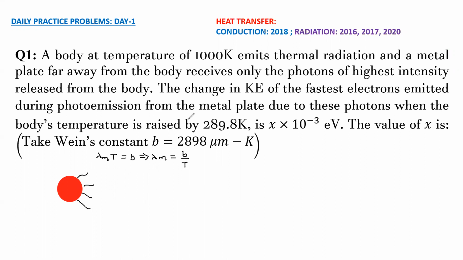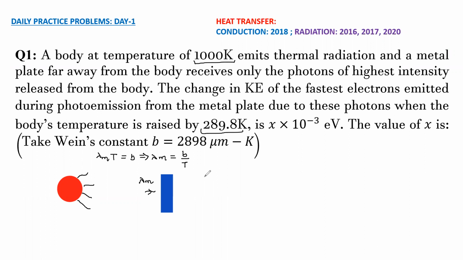Now we have 2 cases. First, at 1000 Kelvin, the high intensity radiation falls on the metal plate. Then the temperature rises to 1289.8 because it increases by this much. And again the radiation falls on the metal plate. So let us draw the metal plate here. So you have a metal plate here, which only receives the radiation corresponding to lambda m.